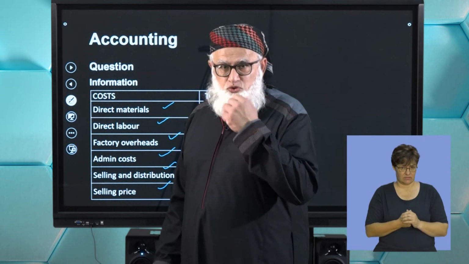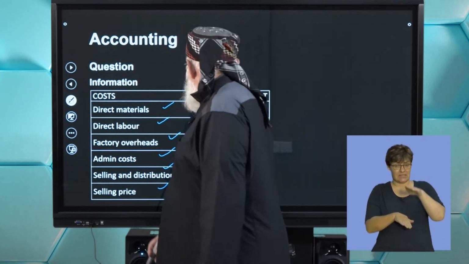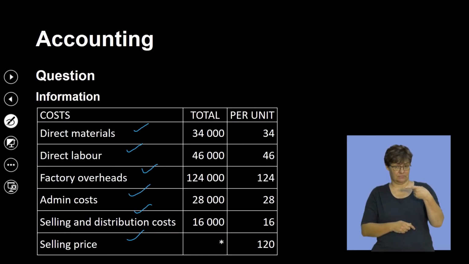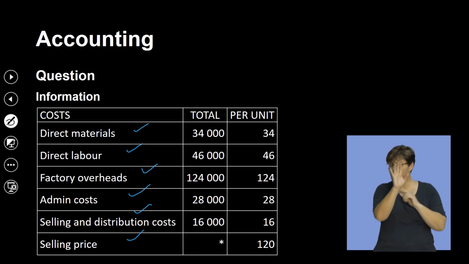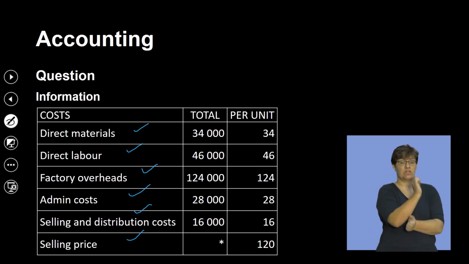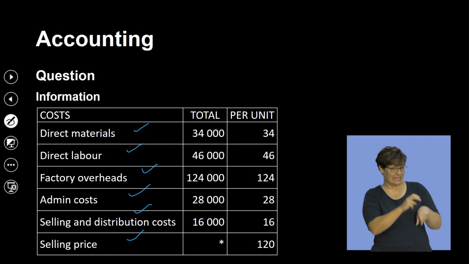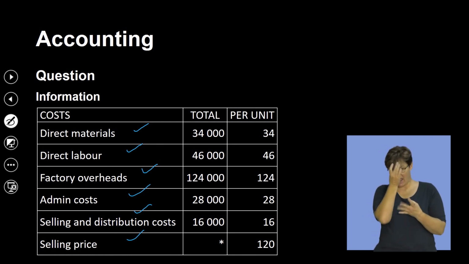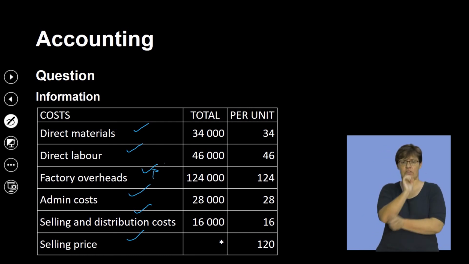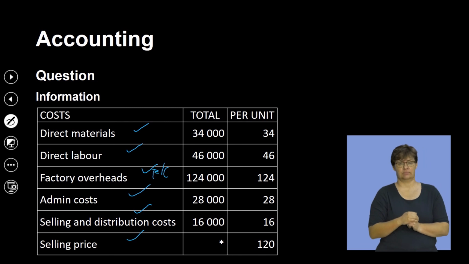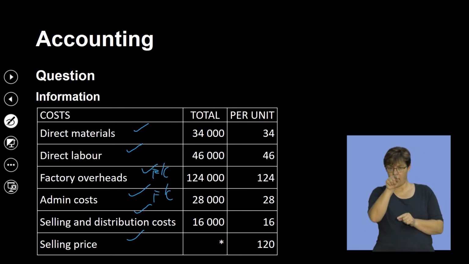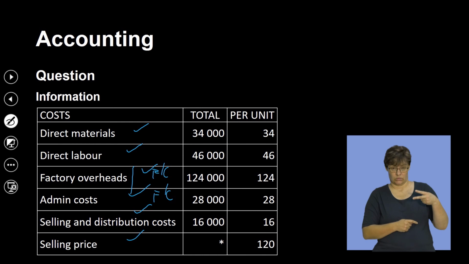What am I going to do? Step number 1, I want to identify my fixed costs first because I need that figure in rands. So I go into my information and I say, right, there's my fixed cost 1, and there's my fixed cost 2. So there are my 2 fixed costs. What are they?